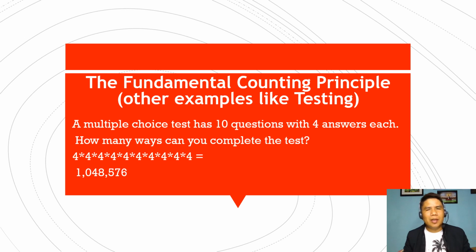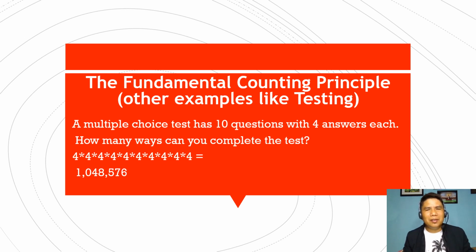A multiple choice test given to you by your teacher has 10 questions with 4 answers each, like A, B, C, D choices. Now, you think that the quiz is very short because it's only 10 items with 4 choices, but if you knew the counting principle, you would say, oh my god, there are a lot of ways to complete the test, even if it's only 10 items, because you will have 4 times 4 times 4 times 4, so that means 4 raised to 10, because there are 4 choices in every item and there are 10 items.